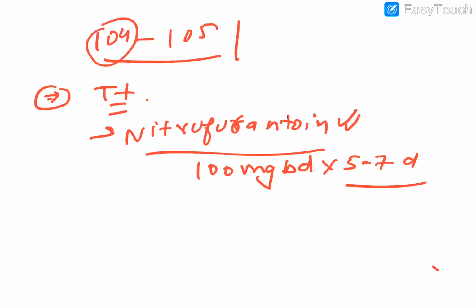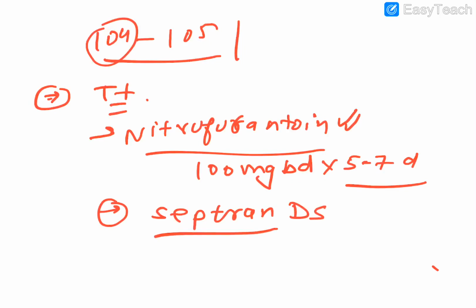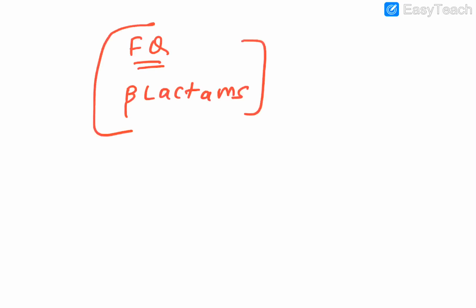Other than that, your favorite Septran you can try. And obviously that Septran is double strength. And this is also BD, and this can be given for 3 days. Fine. Other than that, another class of drugs, that is fluoroquinolones, like ciprofloxacin and all. They can be given. And beta-lactams also play a good role in controlling the UTI.